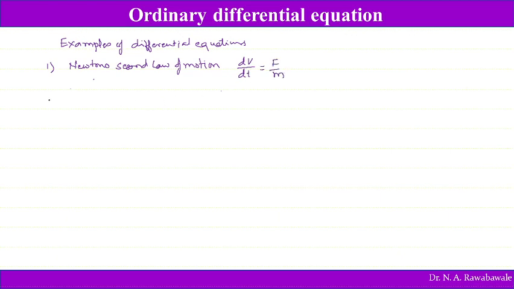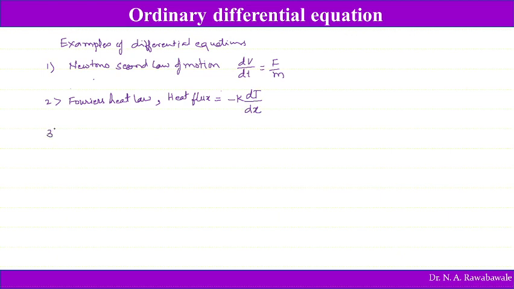Then Fourier's heat law, that is the conduction law, heat flux is equal to minus k dT by dx.